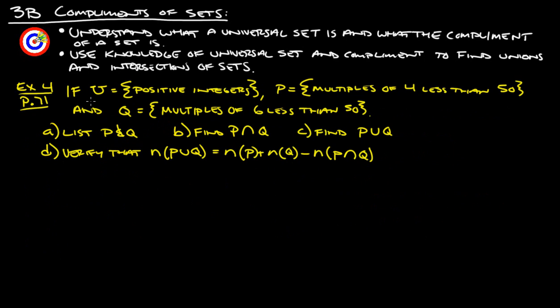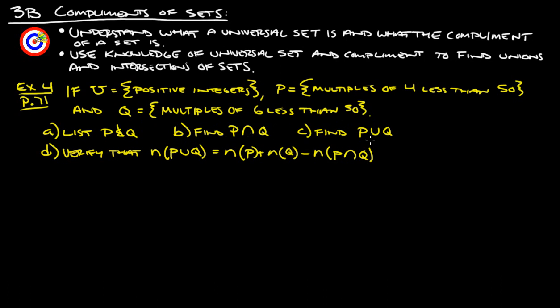Alright, so example 4 from page 71 is: if the universal set is the positive integers, and set P is the multiples of 4 less than 50, and set Q is multiples of 6 less than 50.